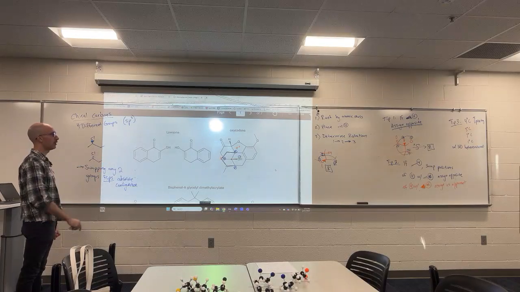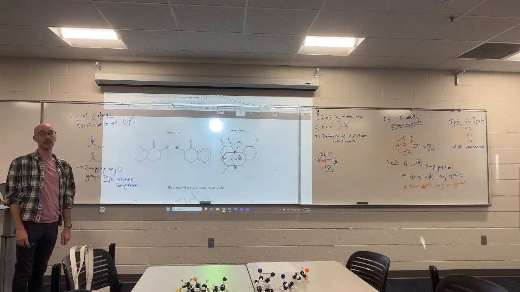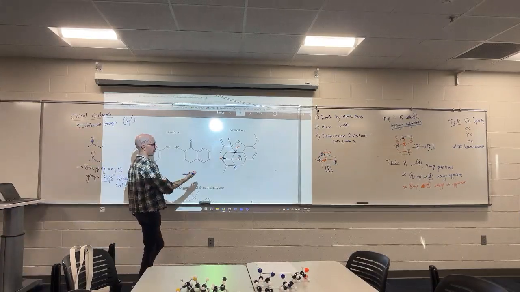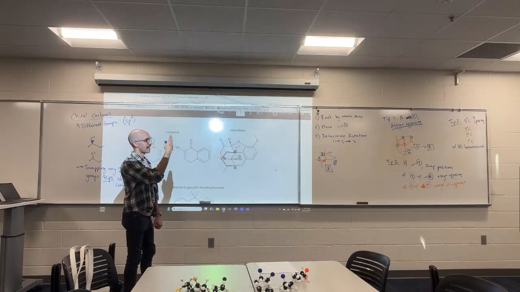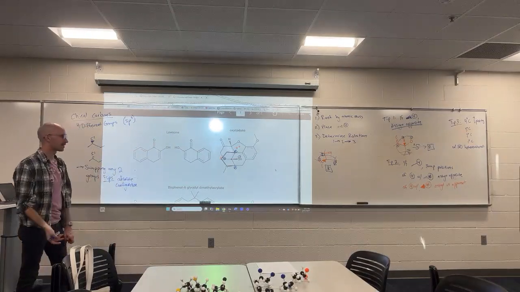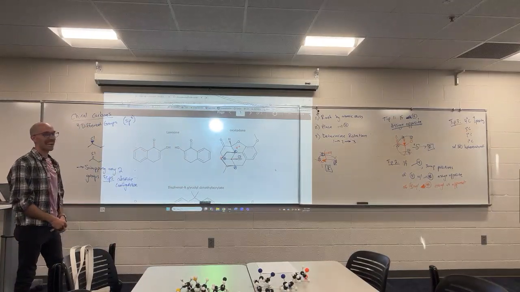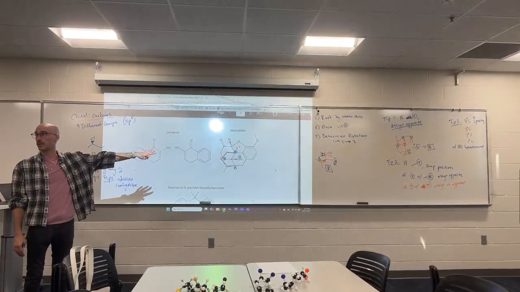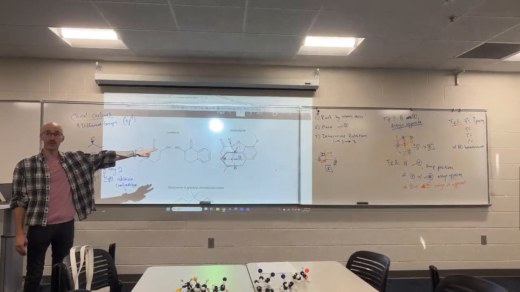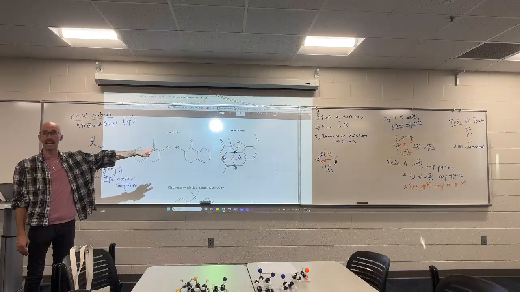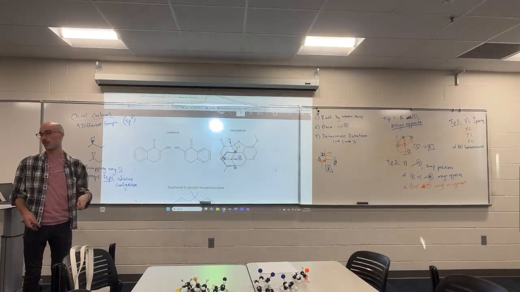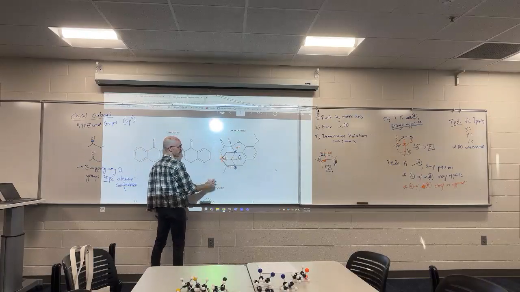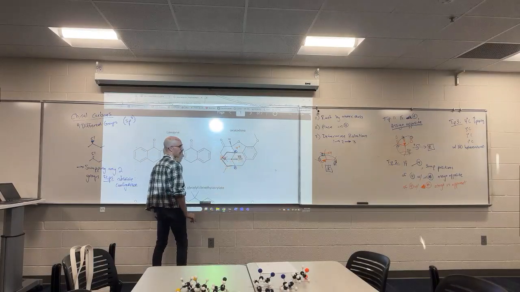Notice tip 2, lowest priority is in plane. So I need to do one of 2 things. I need to swap the lowest priority with what's in the back, assign rotation 1 to 2 to 3, but then assign opposite. I actually don't know what's in back. I only have a wedged group. I don't have any dashed groups. So I have to actually follow my weird rule. I'm going to say no more position 4 here, no more position 1 here.